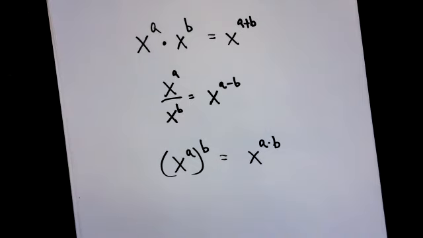Again, power to a power, we multiply. 3 times 1/4 is 3/4. 2 times 1/4 is 1/2. -5 times -1/2 is 5/2. -1 times -1/2 is 1/2.